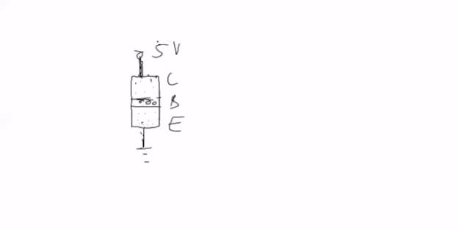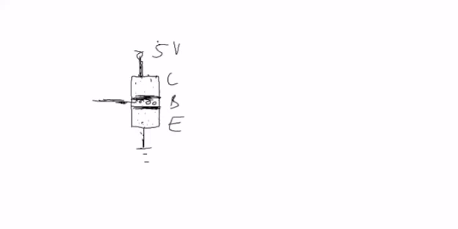So to make current flow, what we do, because this is a junction, and this is also a junction, we connect this base with another supply, another voltage.